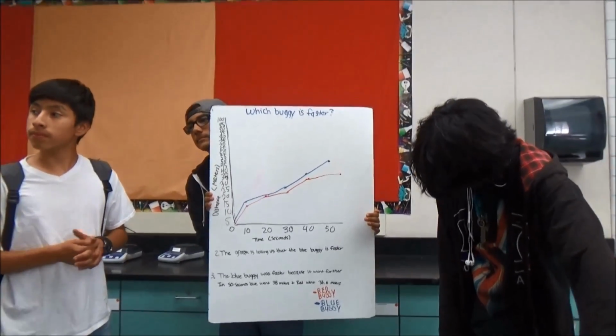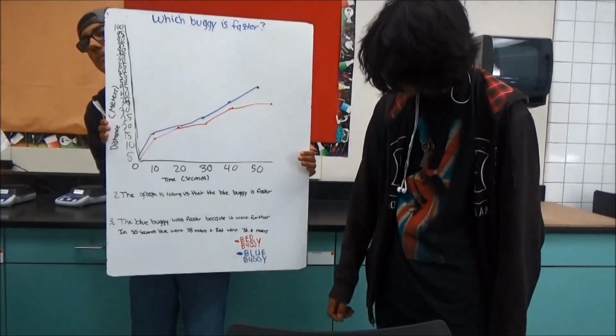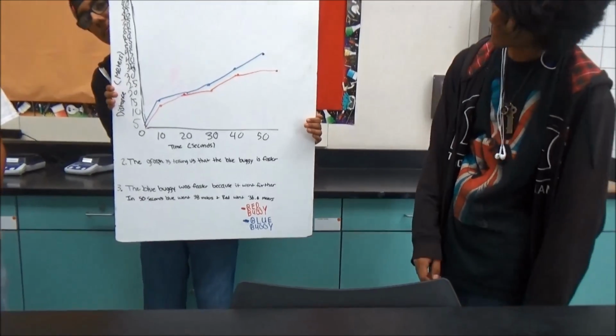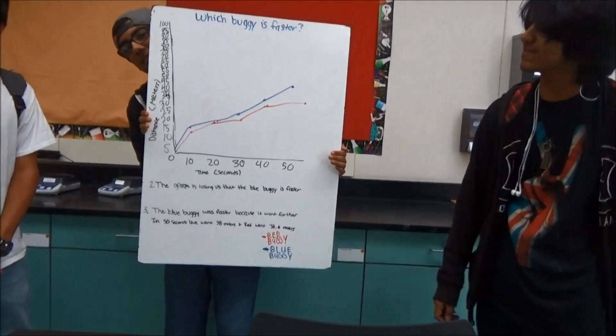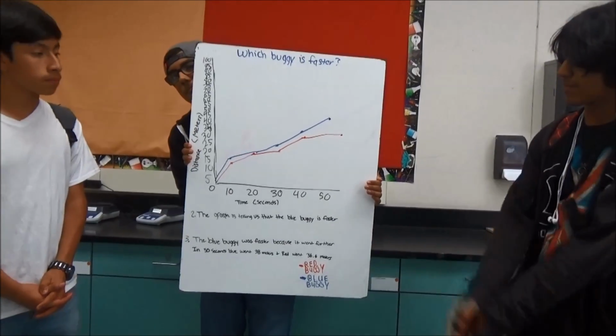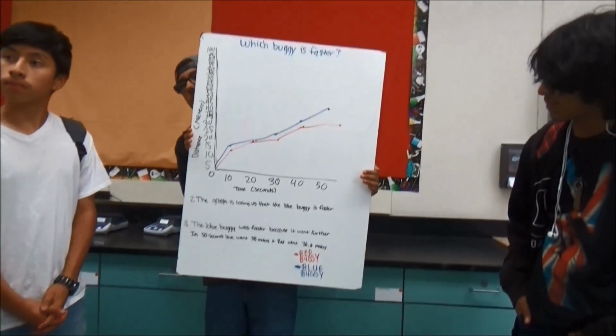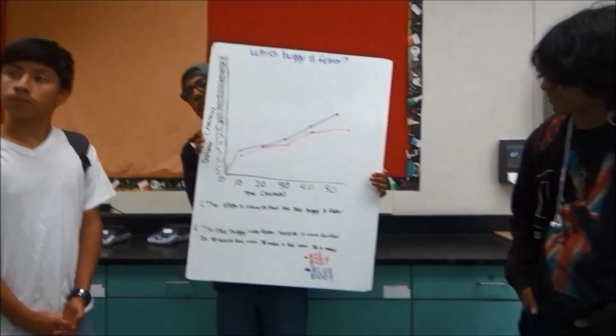Maybe there might have been a battery issue. I did have to change a couple of red car batteries. Maybe the battery on the red car they chose was just dead. Will that have an effect on their data? Yes. But do we discount their data? No. Always include data. That's huge in science. Very good.